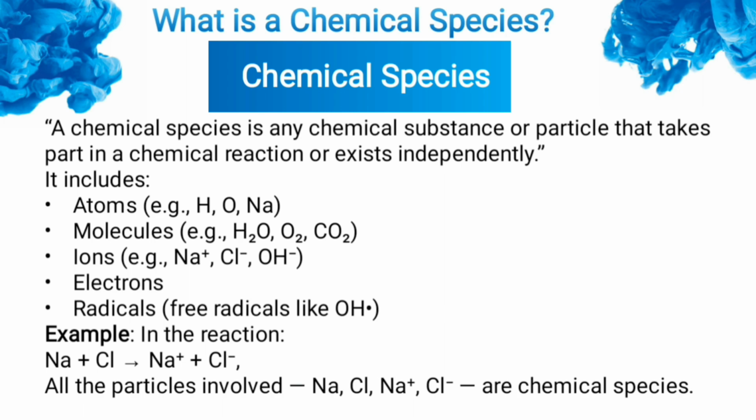It includes atoms, for example hydrogen, oxygen, sodium; molecules, for example H2O, O2, CO2; ions, for example sodium ion, chloride ion, and hydroxyl ion; also electrons; and also free radicals. For example, in the reaction sodium plus chlorine gives sodium ion plus chloride ion, all the particles involved, sodium, chlorine, sodium ion, chloride ion, are chemical species.